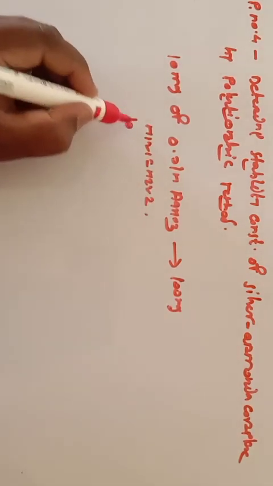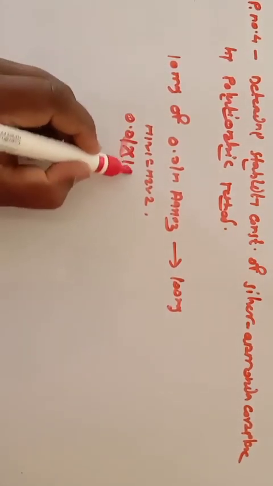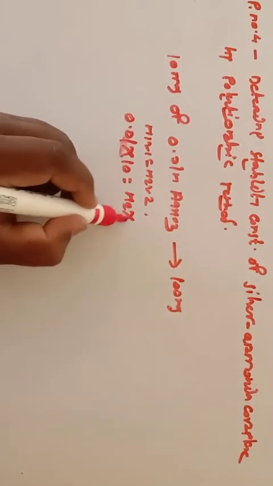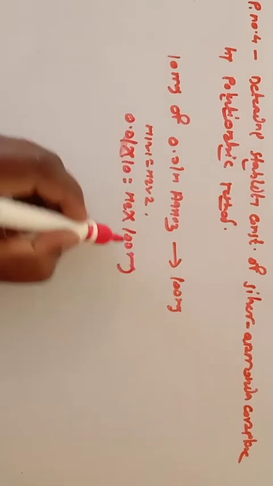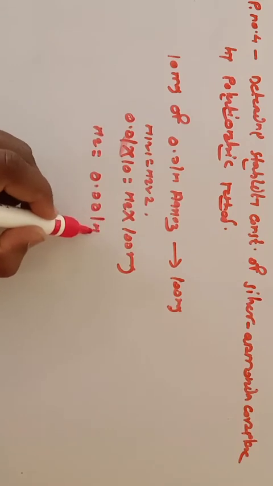So we take 10 ml of 0.01, and we have to find out N2 and dilute it to 100 ml. So the resulting concentration is 0.001 normal.